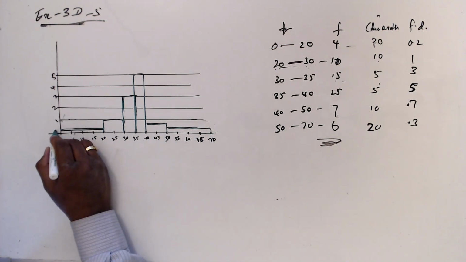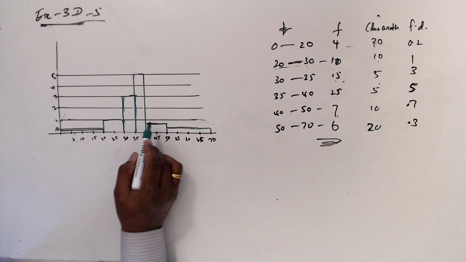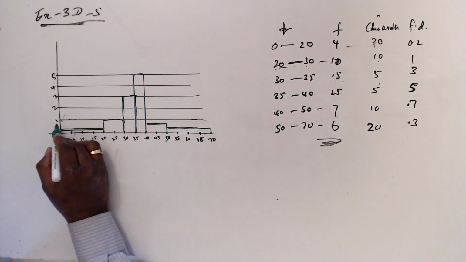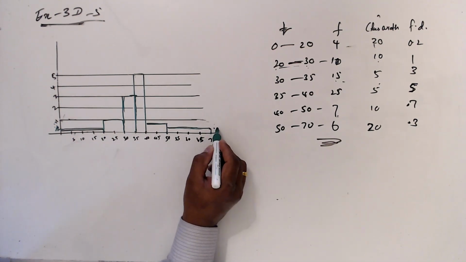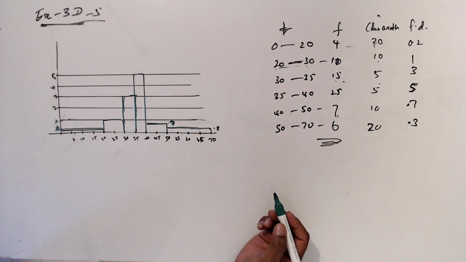0 to 20, this is 0.2, then 1, 2, 3. So this value is going to be 0.7, 0.3, and 0.7. So this is 0.3 and this value is going to be 0.7.